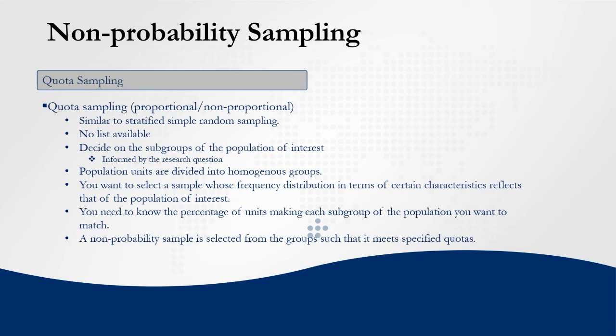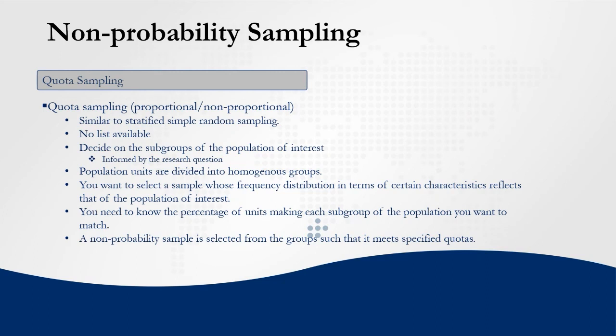Or I will say that I want equal numbers, so I divide that 167 by the 4 groups and they equally share it. So that is not going to be proportional, it will be non-proportional.